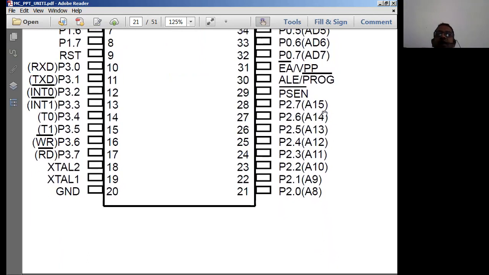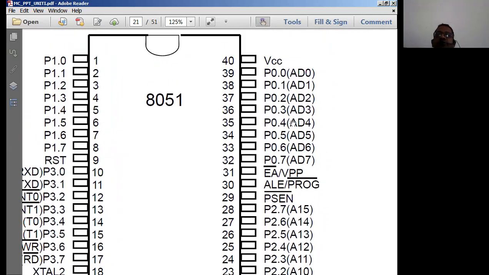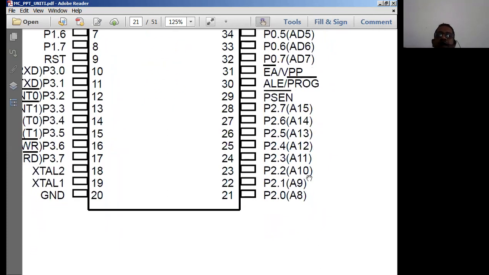Next, the higher order address lines of the memory are identified by using port 2: port 2.0, port 2.1, port 2.2, and so on up to port 2.7, that is A8 to A15. Put together, how many address pins are we going to have? A0 to A7 are reserved for port 0, and A8 to A15 are reserved in port 2.